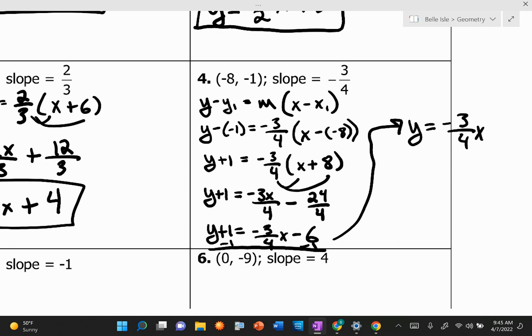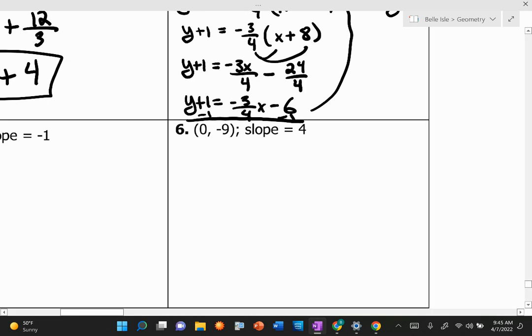When I said that, you either said positive 7, or you said negative 5, or even positive 5, or somewhere in those areas.